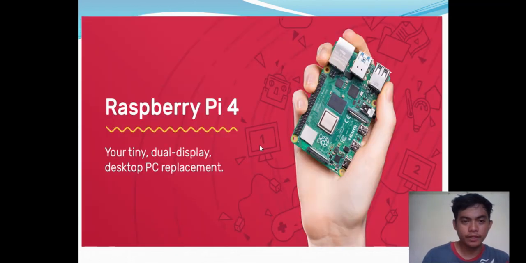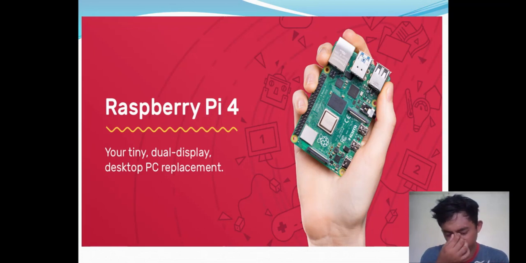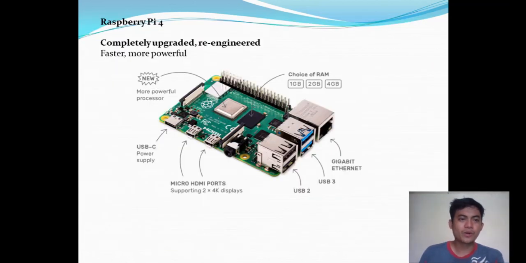Next is Raspberry Pi 4. Your tiny dual display desktop PC replacement, small, not a little, compared to your desktop PC. Raspberry Pi 4: complete, upgraded, re-engineered, faster, more powerful.